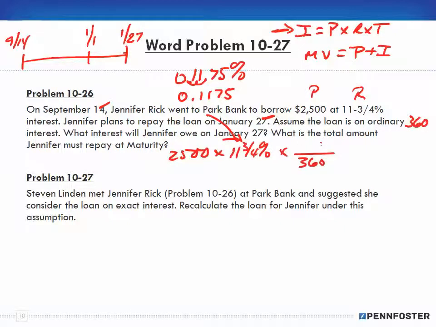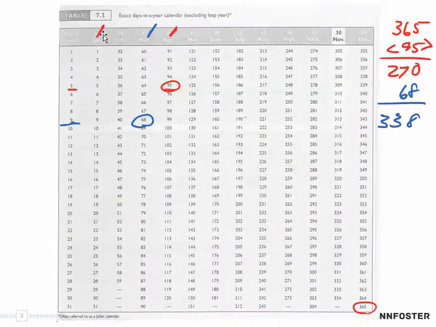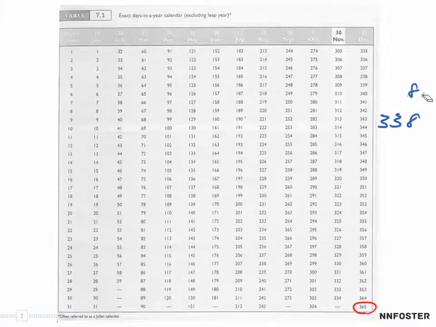But we have to figure out how many days there are between September 14th and January 27th. So we bounce up to our Julian calendar and start out with September 14th. Here's September, here's the 14th, that's 257.